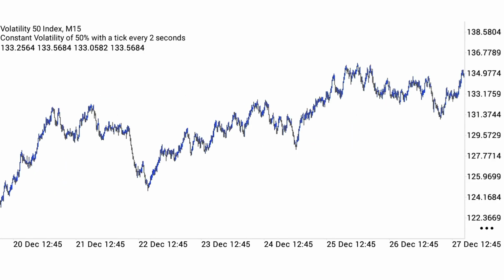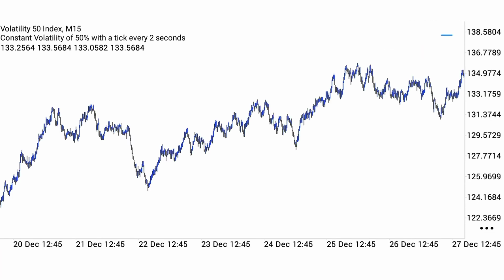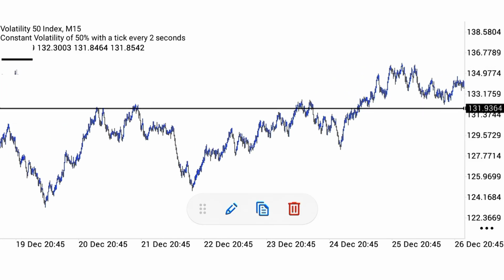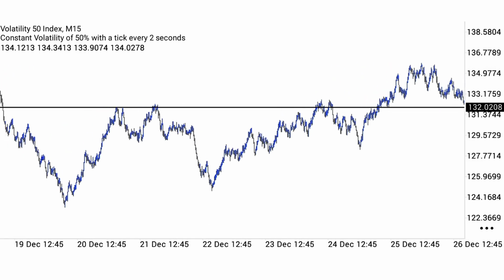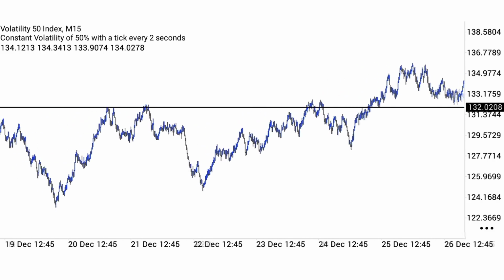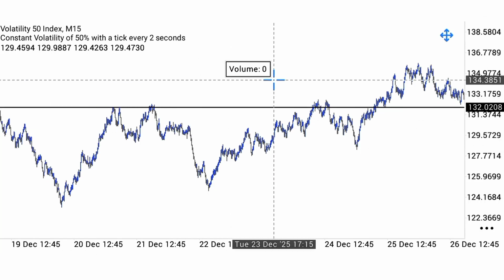Now, for example, where are we going to draw our support and resistance on the chart? All right. First of all, we can draw it here. That's a strong zone. Judging from this point and this point.